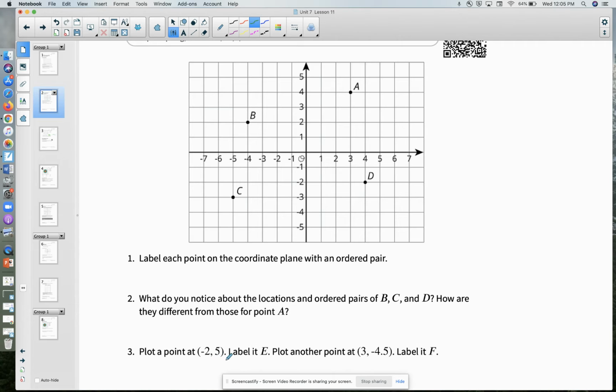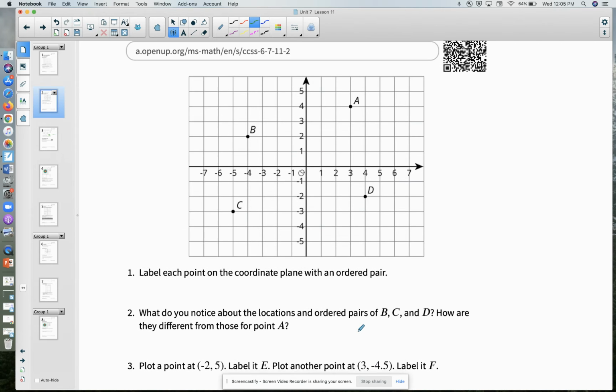Plot a point at negative 2, 5, label it E. Plot another point at 3, negative 4.5, and label it F. Whenever you have the chance, pause the video and try to figure it out. If you have any trouble, unpause it and see what I do. If you're doing this in your notebook, just draw a number line from positive 5 to negative 5 on both sides.